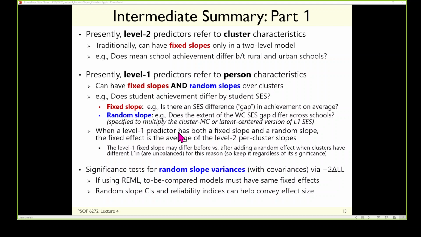Now where we're at here is, let's say that in one school, if you get free lunch, right? That's the marker that people use for money. That's what example 4 has. Let's say that if you get free lunch, your slope indicates you do 10 points worse on this achievement outcome. And in another school, kids who get free lunch only do 8 points worse. In another school, kids who get free lunch do 12 points worse. So that idea that the relationship between level 1 money and level 1 outcome varies by school, that's a random slope.